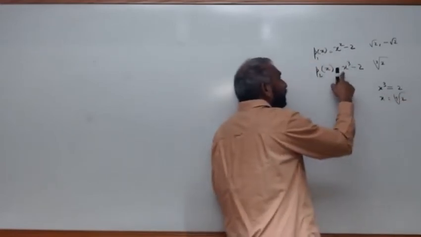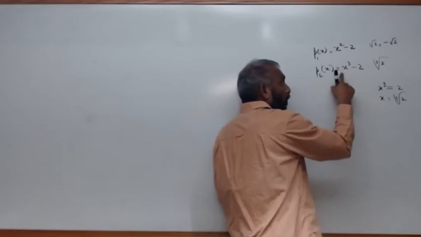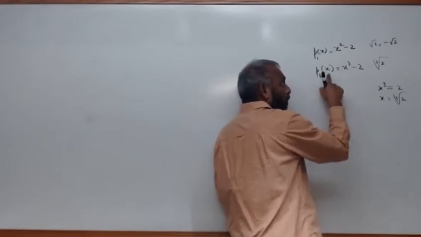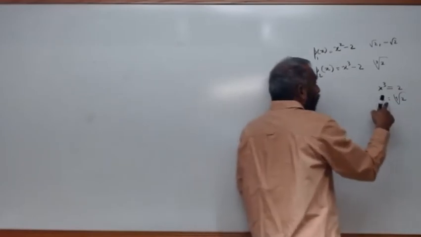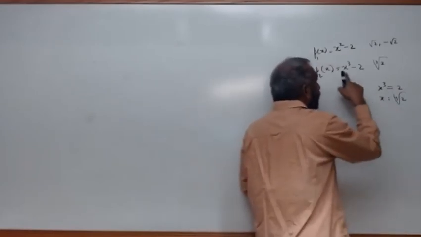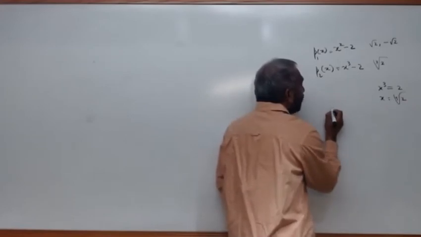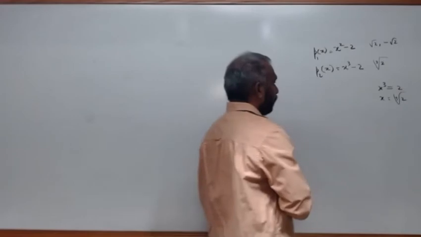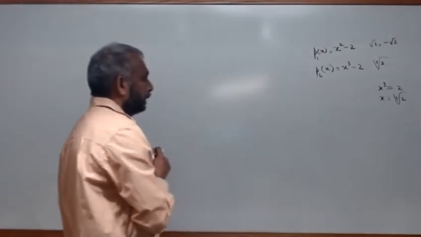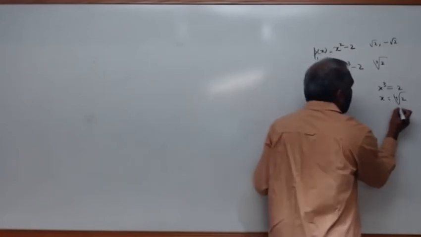There are 3 different roots, or zeros, for p2(x). There is one real root and there are 2 complex roots, but I am going to consider only the real roots here.